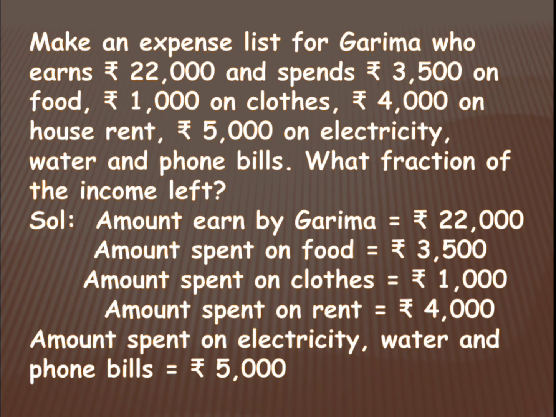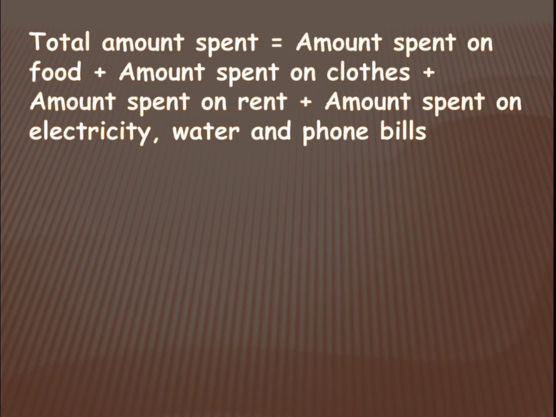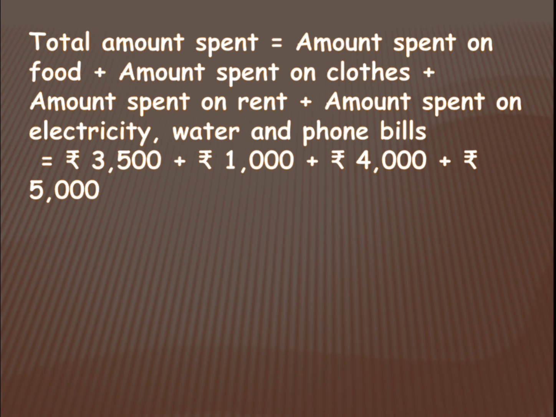Okay, so let's first find how much she spends in a month. That is the amount on food, on clothes, on rent, on electricity, water and phone bills. That is equal to 3,500 plus 1,000 plus 4,000 plus 5,000. And if you add all these, you get 13,500 rupees as her expenditure. She spends this much money. Now let's find out how much amount is left.